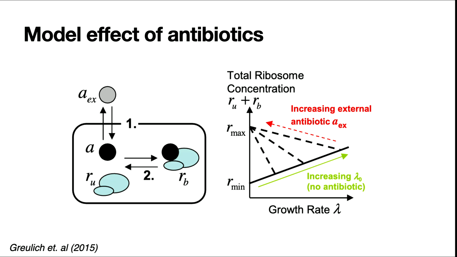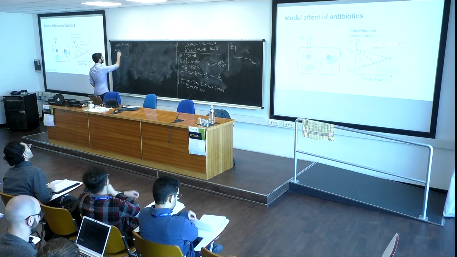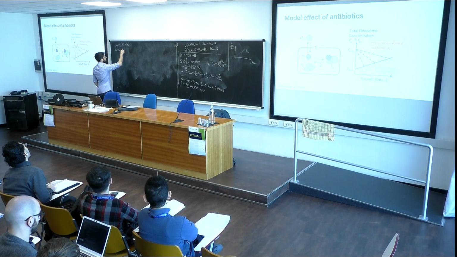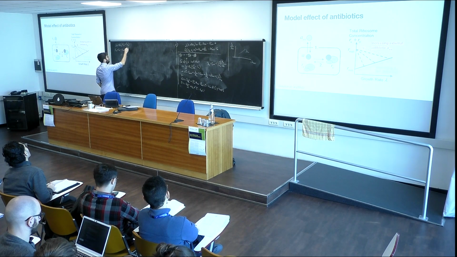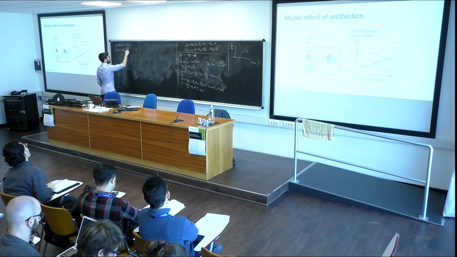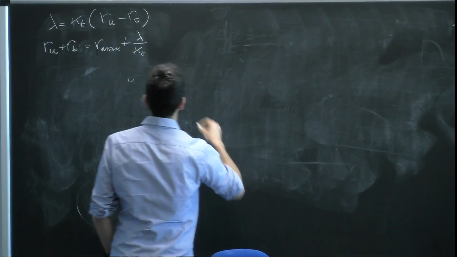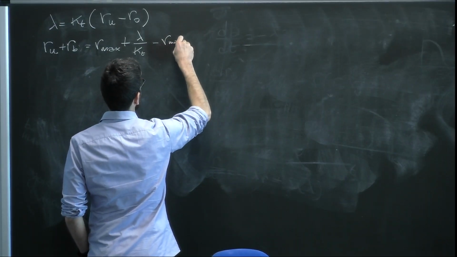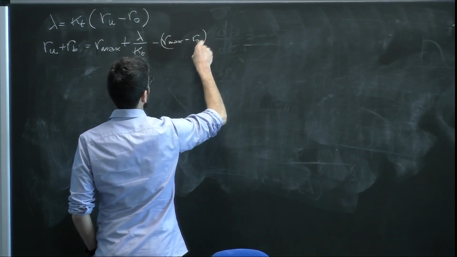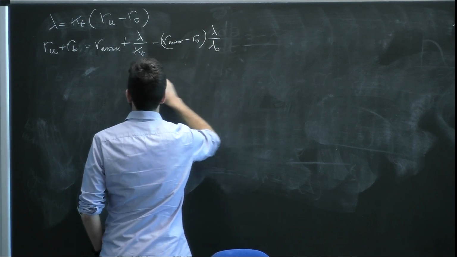No, these are Ru plus Rb, which is equal to R max plus lambda over kappa t minus R max minus R naught, lambda over R naught.